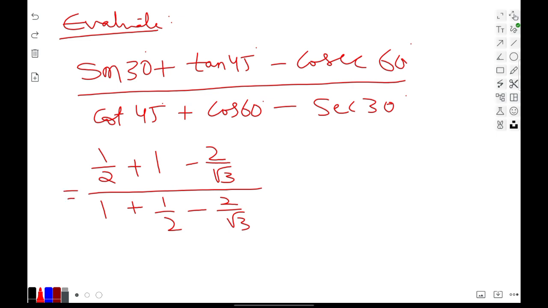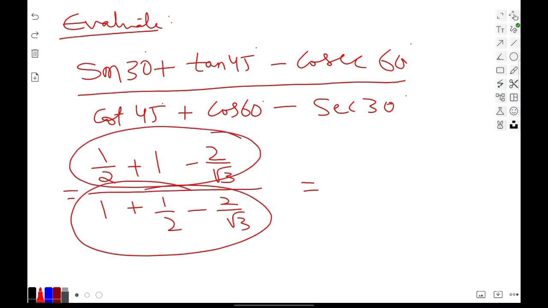Here there is no need to waste time. In the numerator and denominator there are three terms, 1 by 2, 1, and 2 by root 3, and the signs are also the same, so you can simply cancel this, which equals 1.